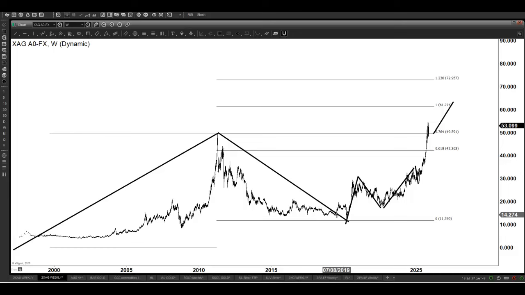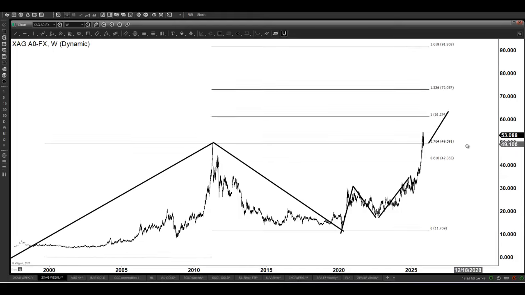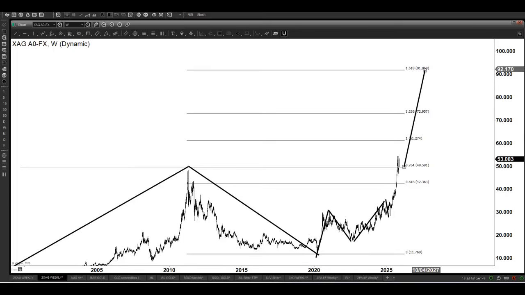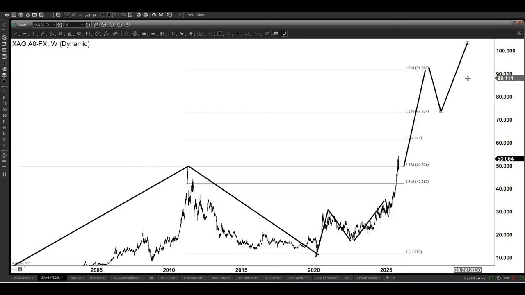My bad, I was mentioning gold to 3,000, 3,500. I'm there already. Now I'm extending my targets. And silver should keep extending. This wave 3 should end between 72 and 91. From there, it should do a 4 and a 5 and reach 100.